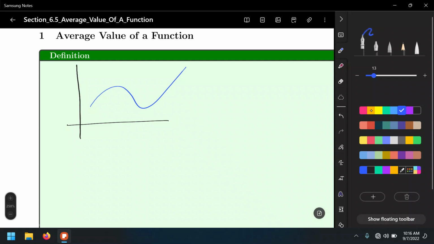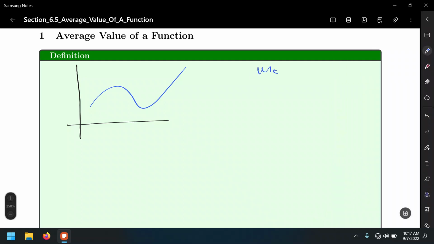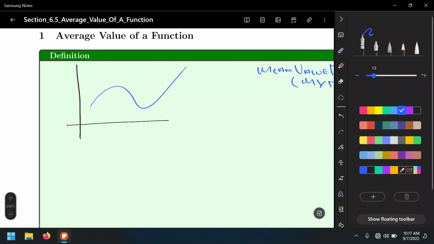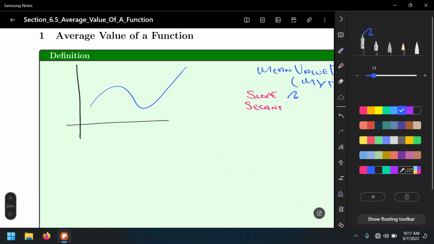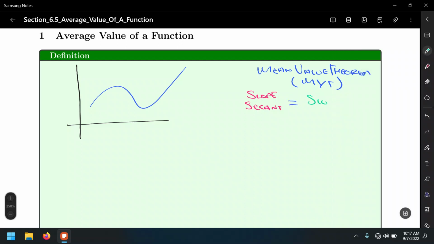For the mean value theorem from Calculus 1, MVT for short, we're looking for a value in between a and b such that the slope of the secant equals the slope of the tangent. That's the idea with the mean value theorem.